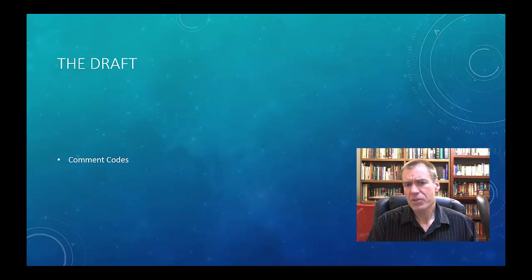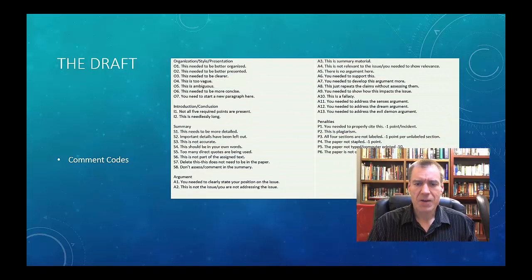Now, when you get the draft back, what you'll have on the draft is numbers and markings, and there'll be various semi-mysterious codes. Now, what these codes are, there'll be letters and numbers, things like O1 or S3 or P1. Now, the common codes will vary from class to class, depending on the paper you're doing. The particular one here on the slide is from the modern philosophy class.